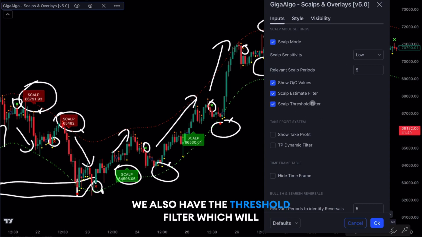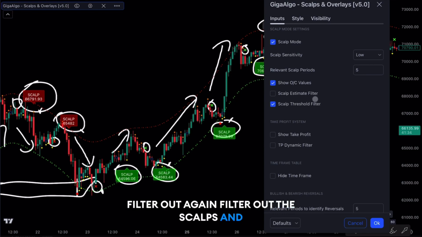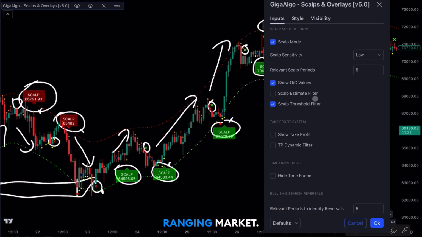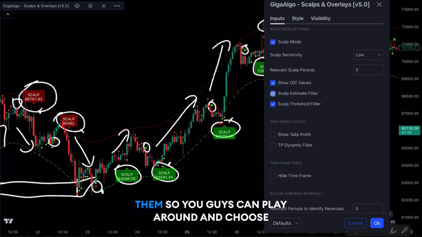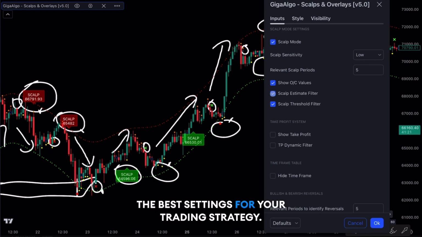We also have the flash short filter, which will filter the scalps and work accordingly according to the ranging market. We can also turn on both of them. So you can play around and choose the best settings for your trading strategy.